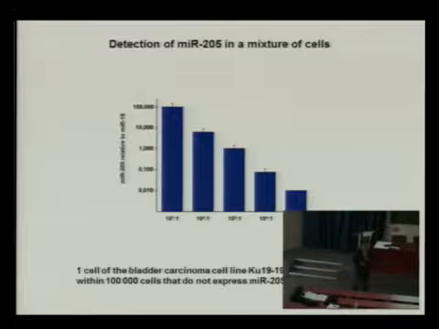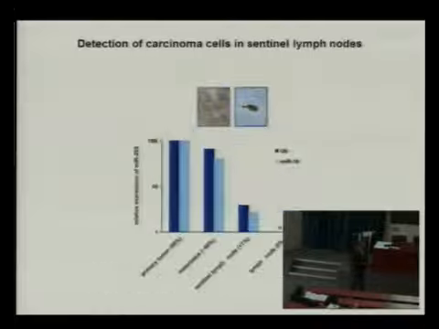So how is that important? We heard already yesterday that if you look for metastasized cells, you go to the sentinel lymph node, and then the pathologist makes sections, and immunohistochemistry either shows you or shows you not the metastasized cells.